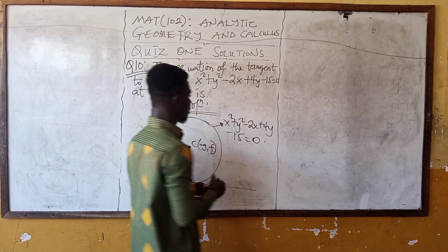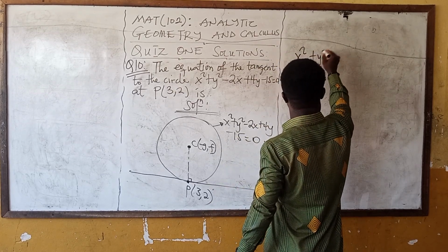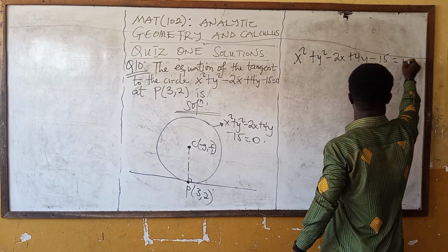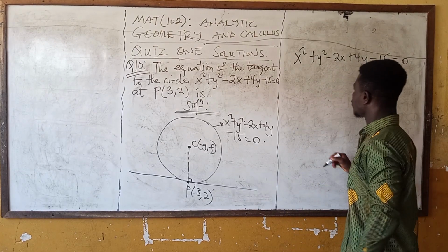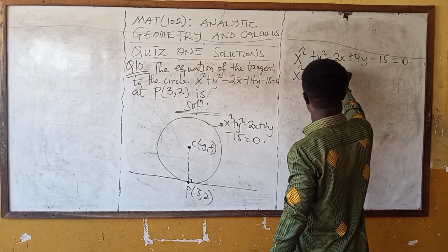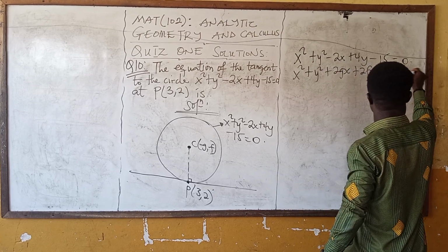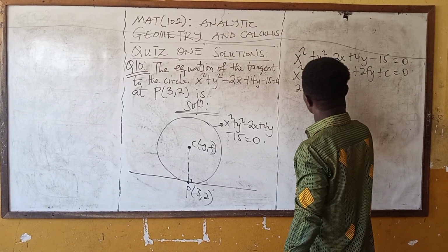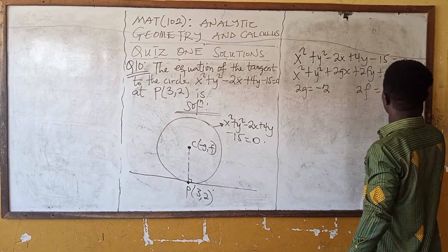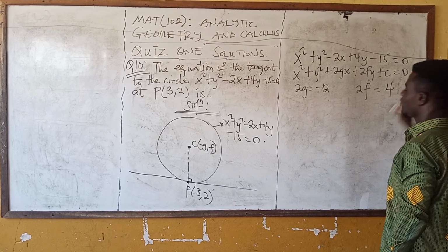So we have to get the center. I have x squared plus y squared minus 2x plus 4y minus 15 equals 0. Now we have to compare it to the general equation, which is x squared plus y squared plus 2gx plus 2fy plus c equals 0. 2g equals negative 2, 2f equals 4. Then our c equals negative 15.